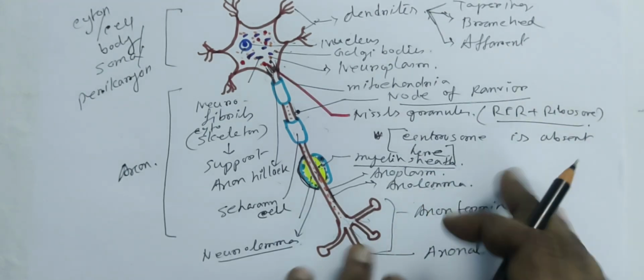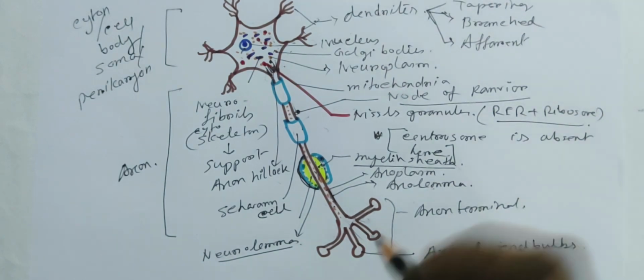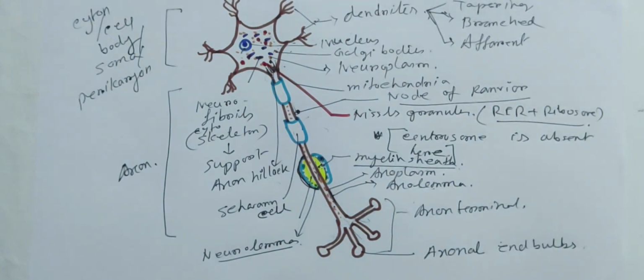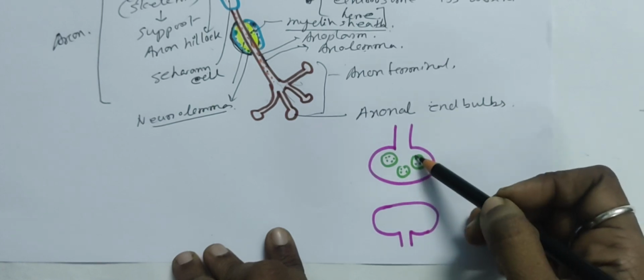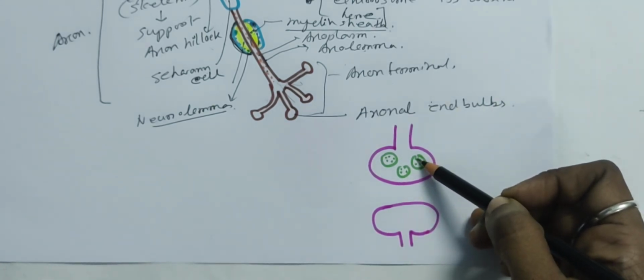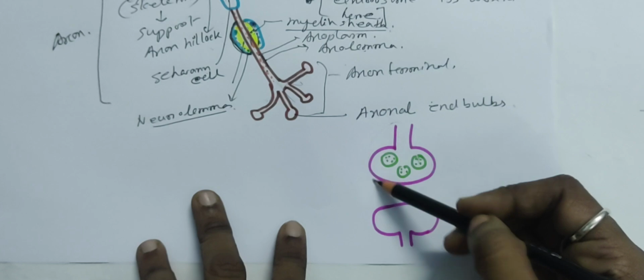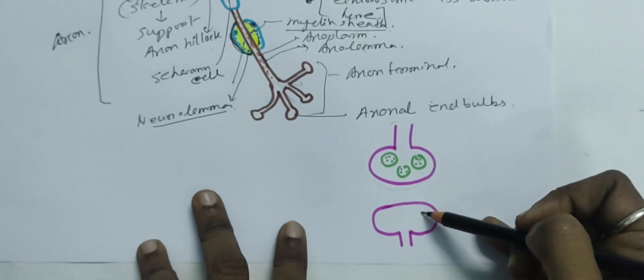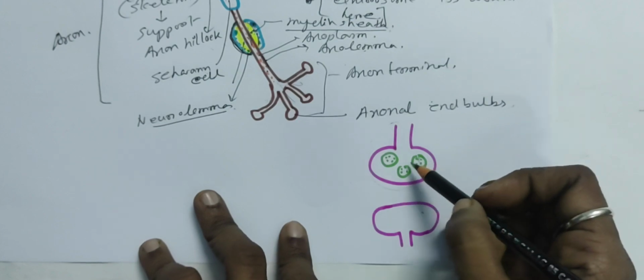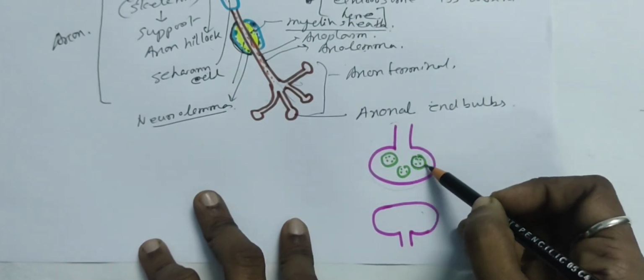Now I am coming to the detail of the axon bulb. This is the axonal end bulb of one neuron, and this is another neuron. Within the bulb there are vesicles.